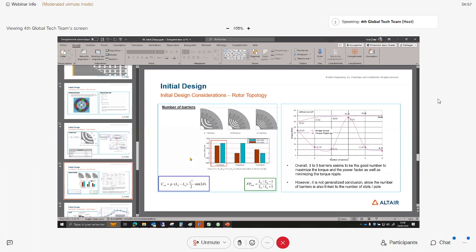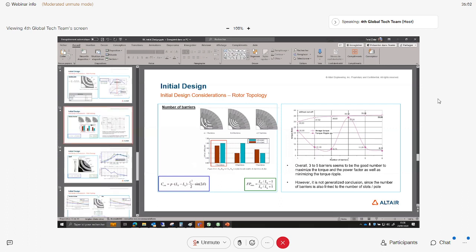Something to take into account is that once again the magnetic flux should move easily from one side to another. So we can naturally expect that the number of barriers will be more or less equal to the number of teeth that we want to link from one side to the other of the Q axis.